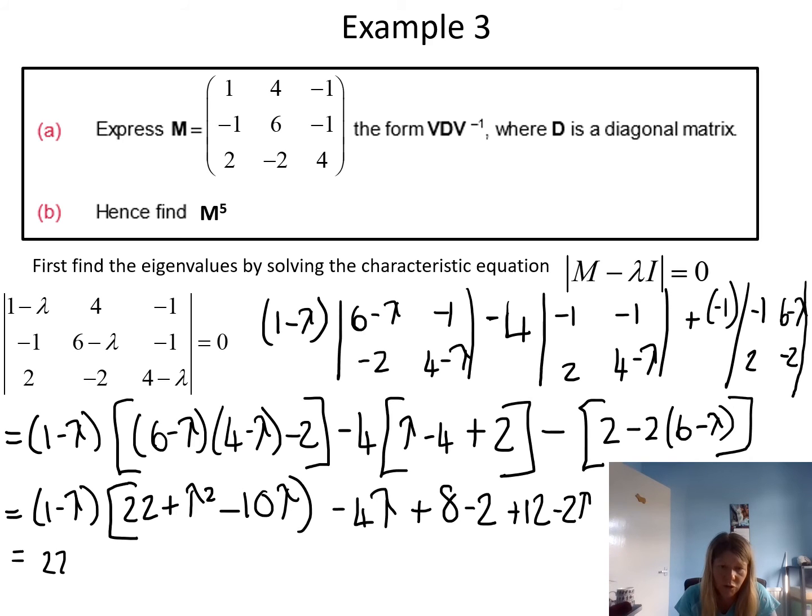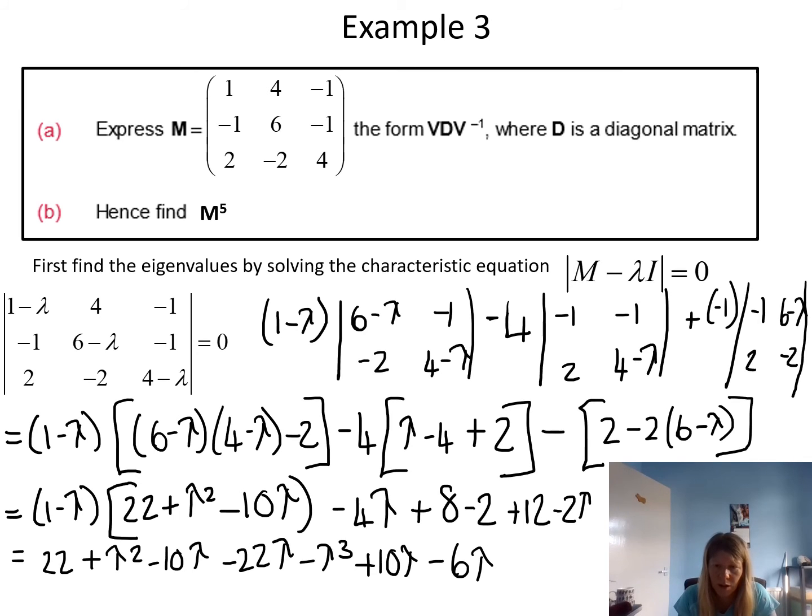So we have 22 plus lambda squared minus 10 lambda, and times 3 by lambda, you've got minus 22 lambda, minus lambda cubed, and then plus 10 lambda squared, and then here if we put these together we've got minus 6 lambdas, and 6 plus 12 is 18 plus 18.